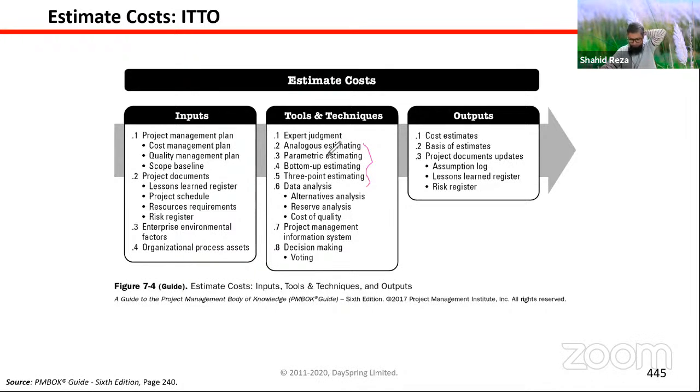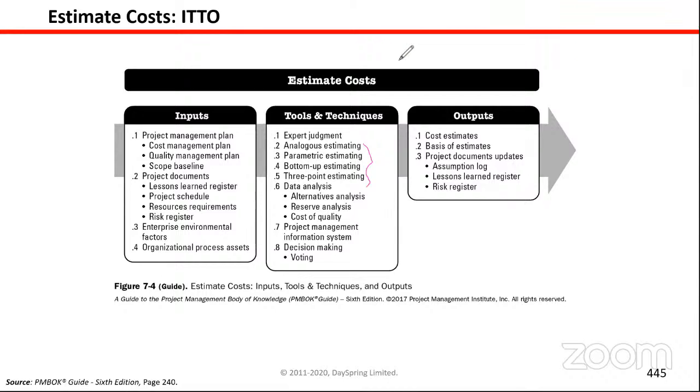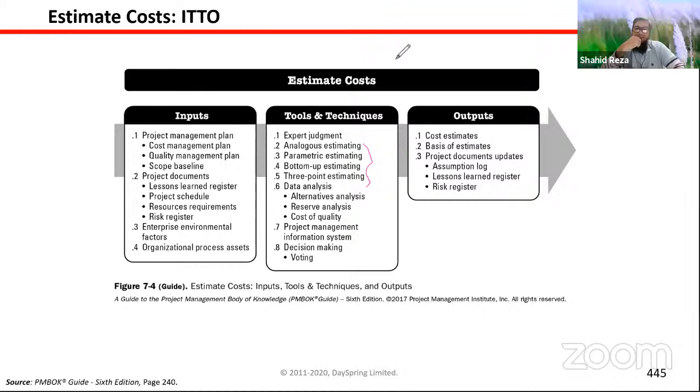We explained in detail what analogous estimating is. That is how we estimated time in the schedule chapter. When you are estimating duration for any task, we used these techniques.